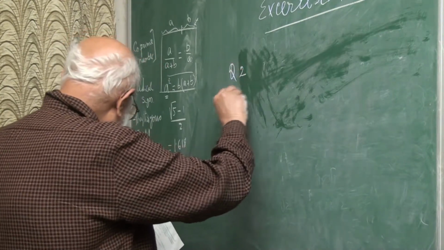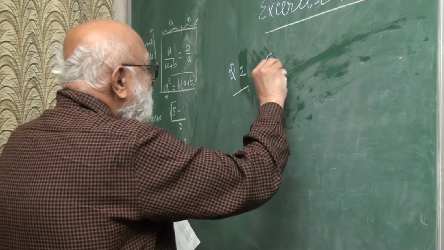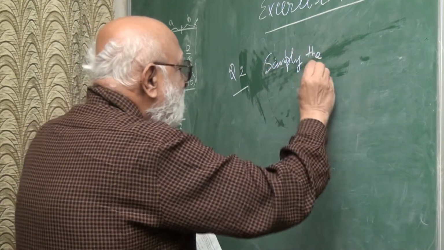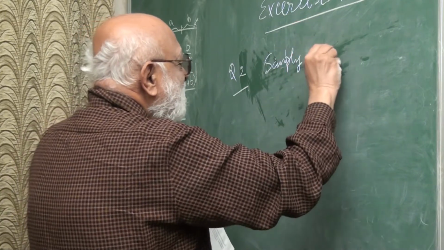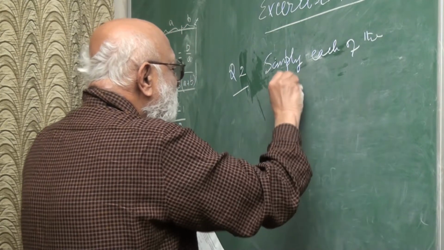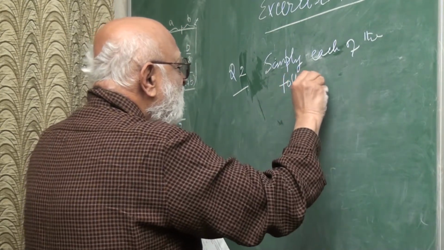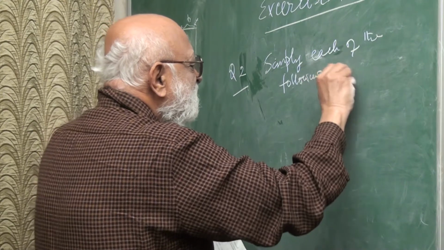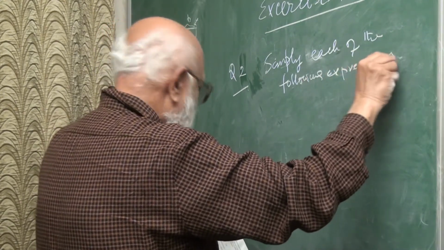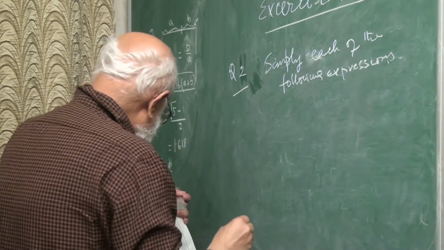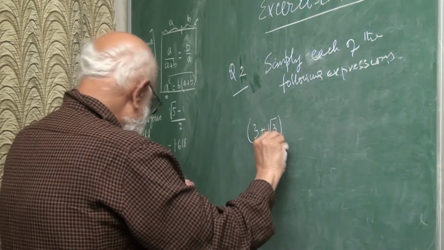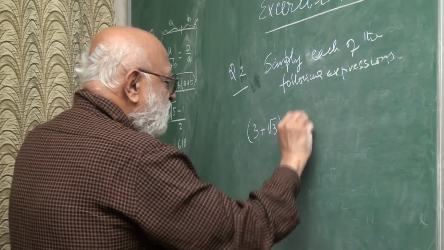Question number 2, it says simplify, we have talked about this, simplify each of the following expressions, and it says 3 plus root 3 into 2 plus root 2.